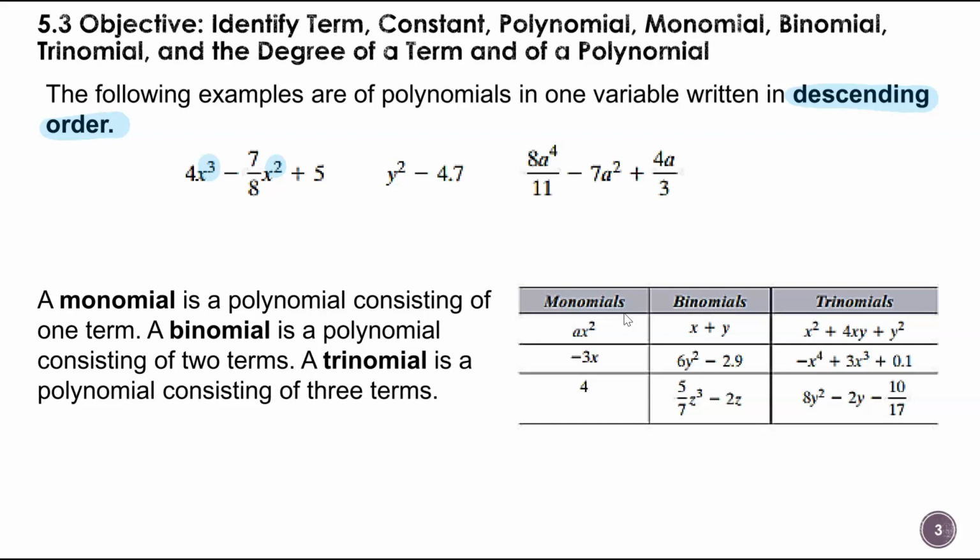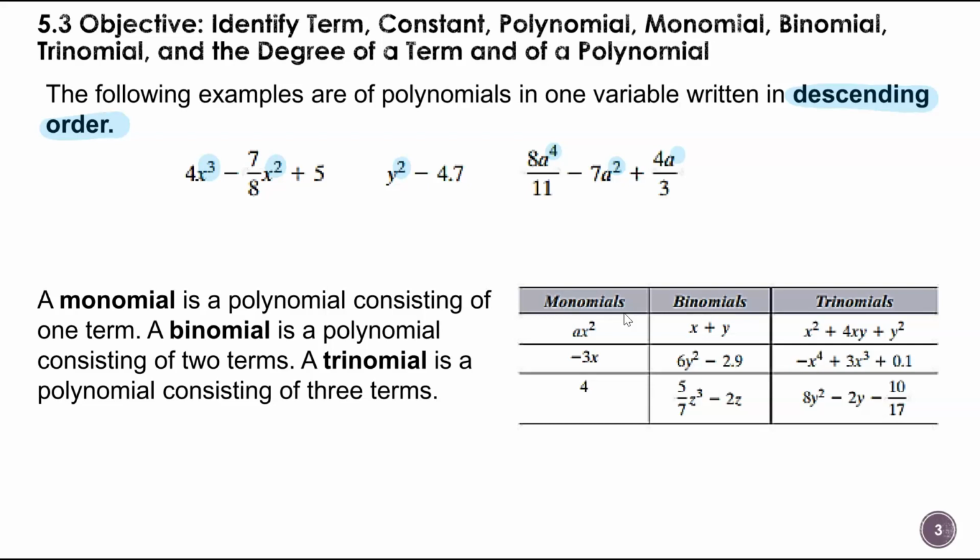Then we have an exponent of 2 and then the constant term, an exponent of 4, 2. This one is an exponent of 1. Also it's okay to have 8a to the 4th over 11 because the exponent is in the numerator, and that's perfectly fine.